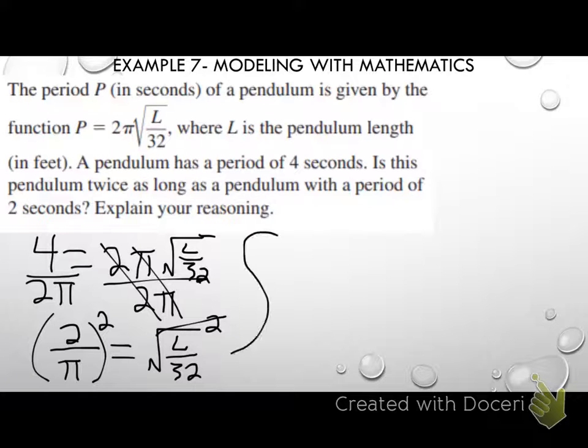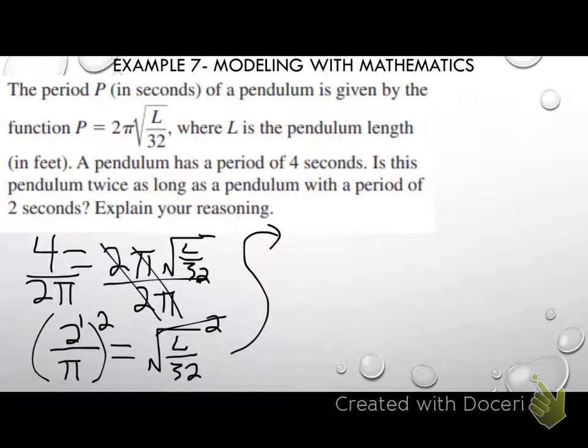So I've got 2 over pi squared. Let's go back to our exponent rules that we learned before spring break. If I've got two things being divided by each other, raised to a power, how do I handle that? What exponent does 2 have right now, inside the parentheses? 1.